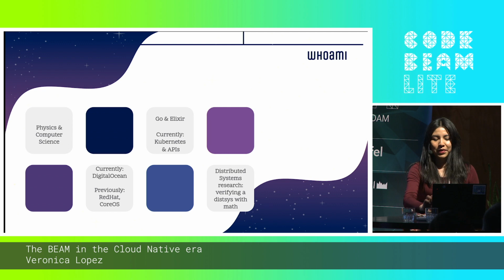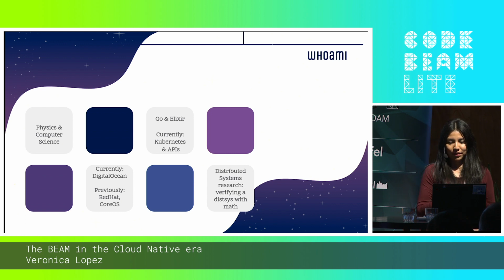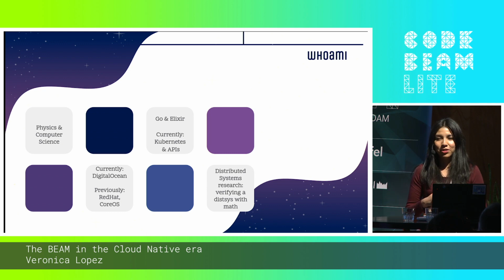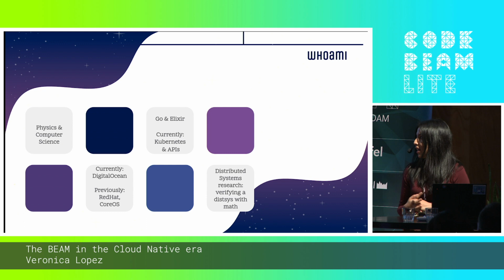Okay, so who am I? A little bit of why I'm here. I used to be a physicist, which is actually one of the reasons why I ended up in Elixir and the Beam community, because I understand that there are a lot of physicists, like the late Joe Armstrong, the creator of Erlang, who had a background in physics. Functional languages are very popular among scientists.